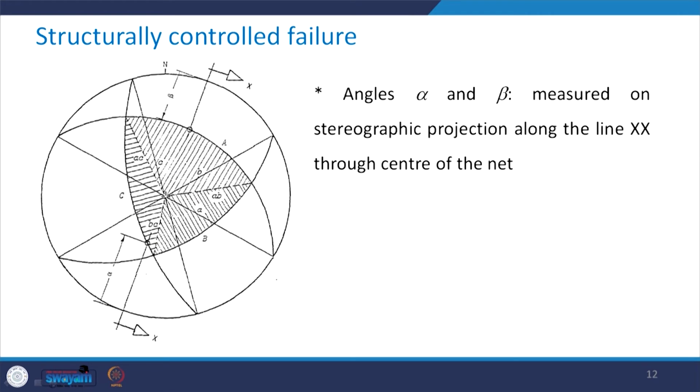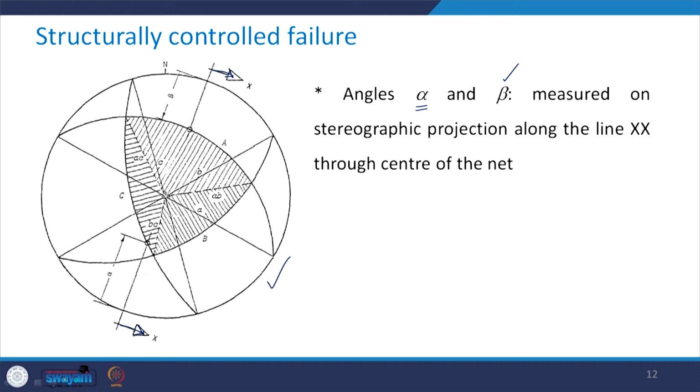We have this stereographic projection and we take this xx section here on this projection as well, and then see this alpha is the apparent value for this plane A and beta was for C.